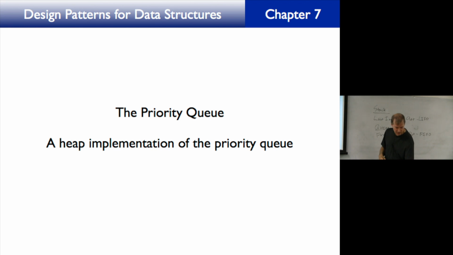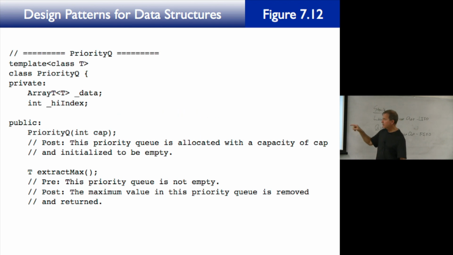If you look at these operations, we have an array of type T as the data, and an int, high index. So the array is stored from 0 to high index, but we think of it as a heap. One of the operations is extract max. The precondition is this priority queue is not empty. The postcondition is the maximum value in this priority queue is removed and returned. So how do we do that?